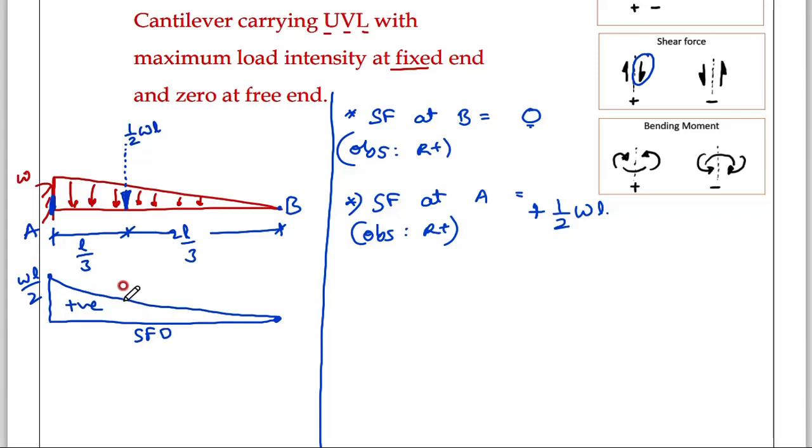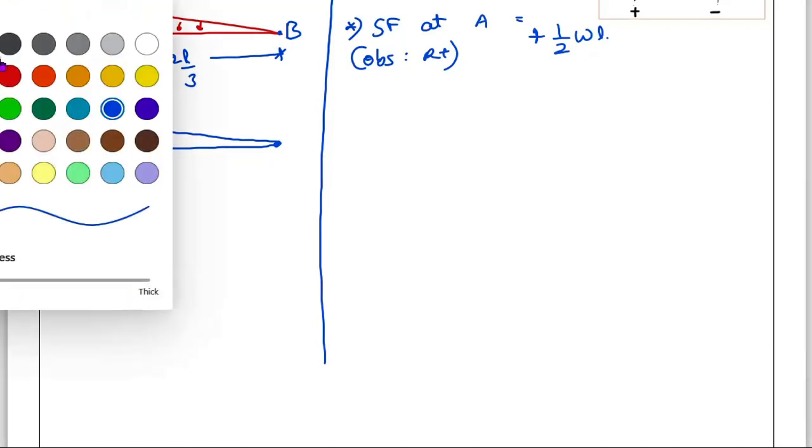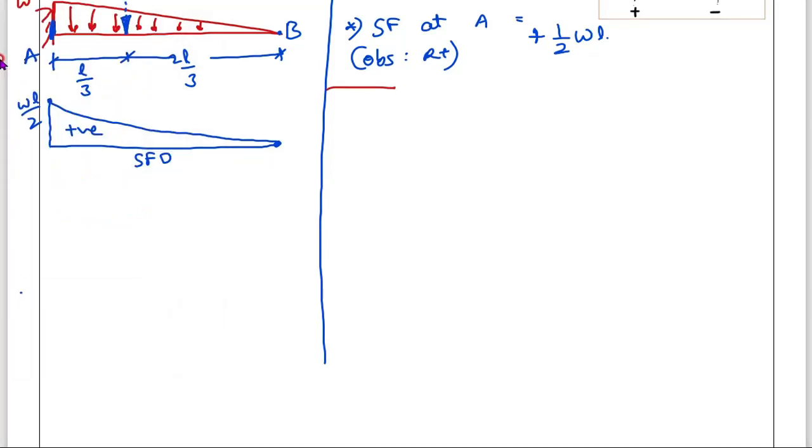Now coming to BMD. First point, bending moment at B. Observations from the right side. At this point, on the right side you are seeing nothing. Therefore, 0.